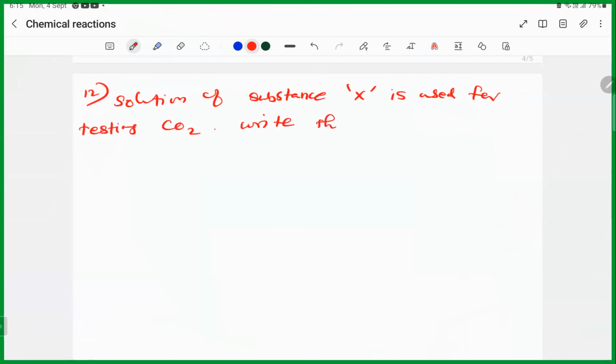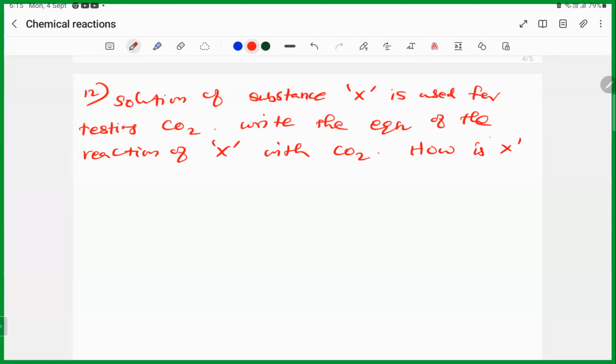Write the equation of the reaction of X with carbon dioxide. And how is X obtained? Write the chemical equation.